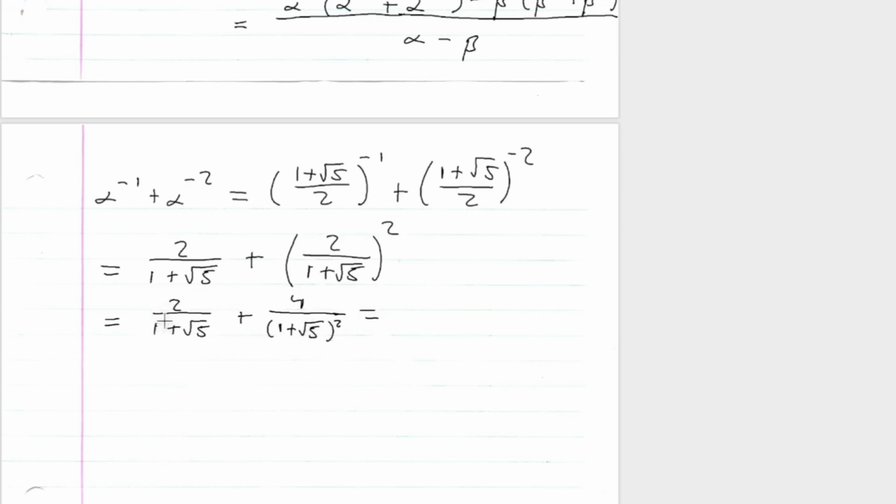So I have to multiply top and bottom here by 1 plus the square root of 5 so I get a common denominator. So this will be 2 times (1 plus the square root of 5) over (1 plus the square root of 5) squared, plus 4 over (1 plus the square root of 5) squared.